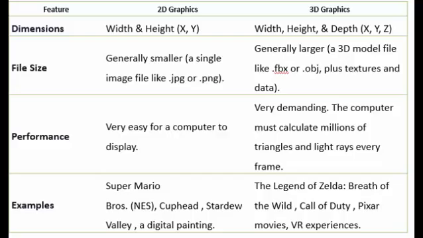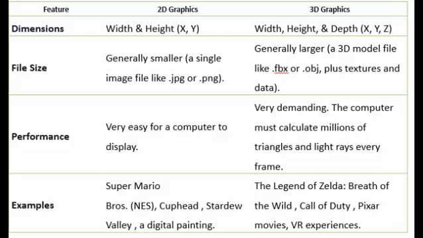The second is performance. 2D graphics are generally easier for a computer to display. With 3D graphics, the computer has to perform many calculations such as processing polygons, textures, lighting, and camera movement. That is why 3D applications in games usually require more powerful hardware.